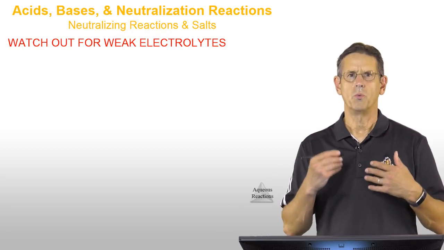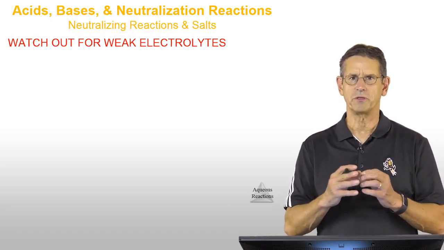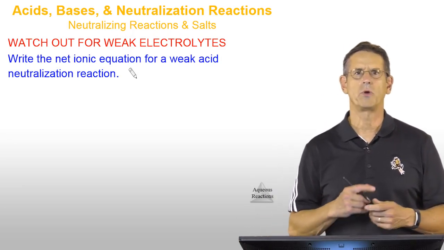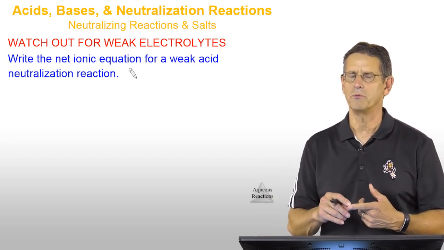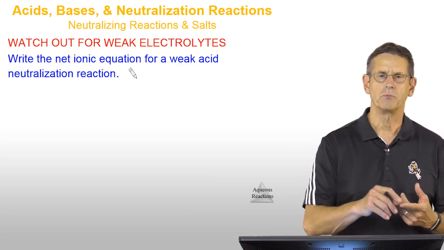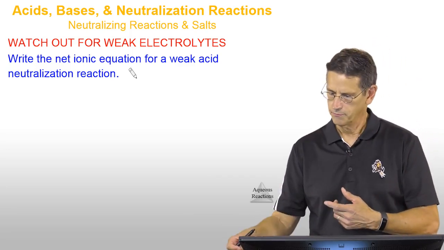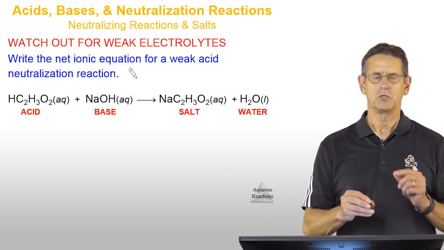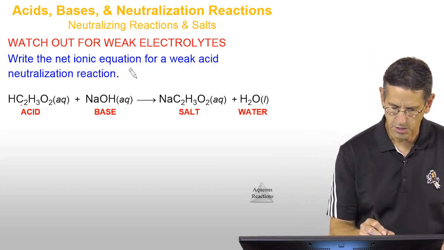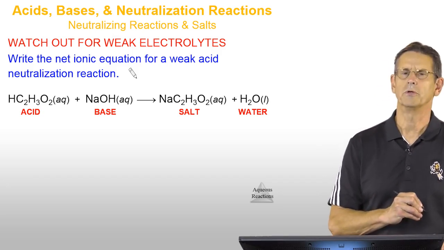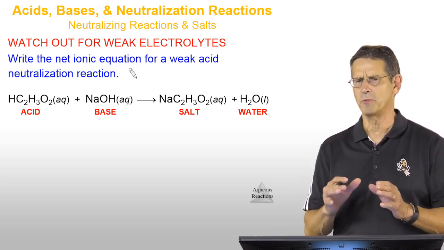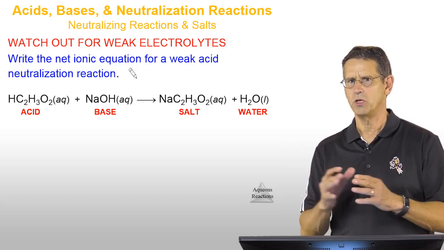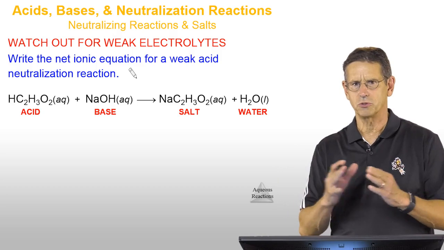What about weak acids? Remember, a weak acid is something that doesn't dissociate completely. So here's my challenge. Let's write a net ionic equation for the reaction of a weak acid plus a strong base. There's your acid, there's your base. This is acetic acid, HC2H3O2. So one of the rules about writing the ionic and net ionic equations is that for any weak electrolytes, we don't write them as dissociated into ions.